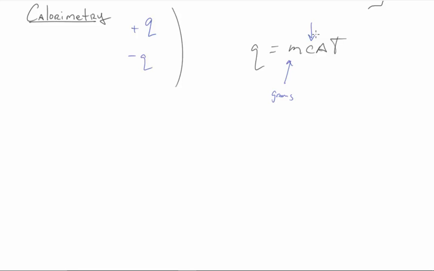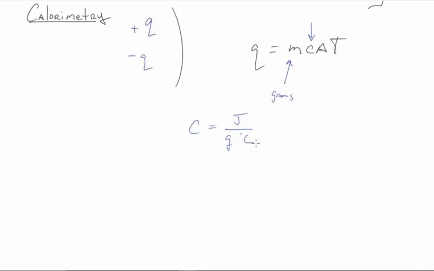It can also be referred to as molar heat capacity. Let's look at the units of our C value. It'll be joules, because it's the amount of energy it takes to raise 1 gram of substance 1 degree Celsius.